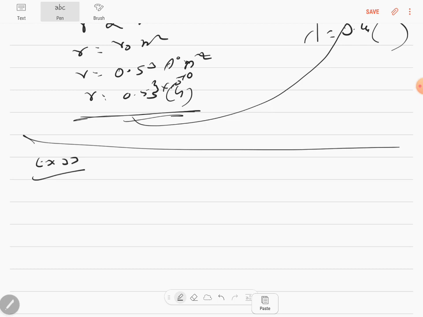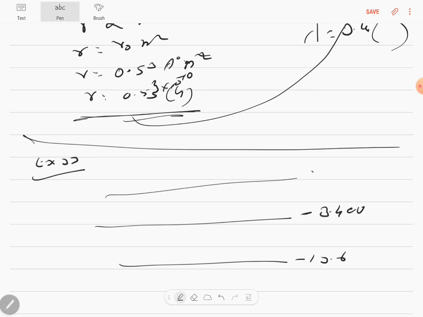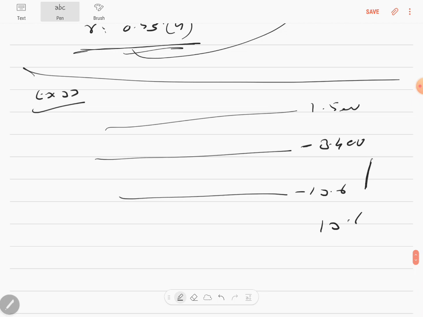Okay, you know what will give you 12.5 electron volt? You know, minus 13.6 is this, and this will be minus 1.5, minus 3.4. What all gaps will be sufficient for 12.5? 13.6 minus 3.4, is it?